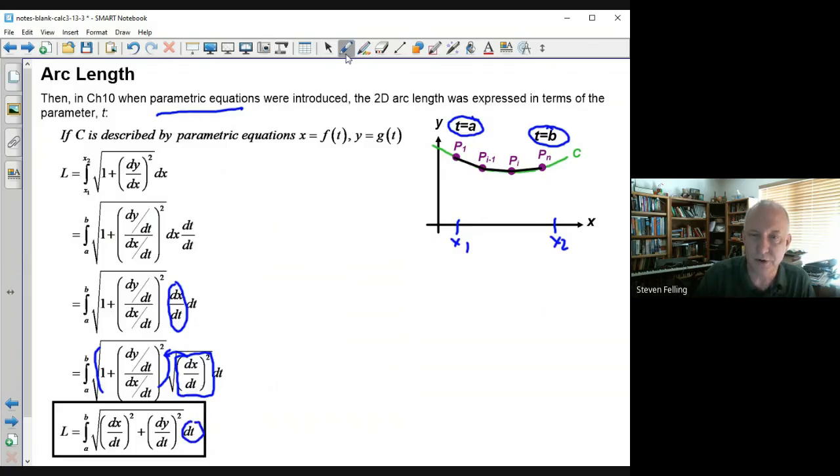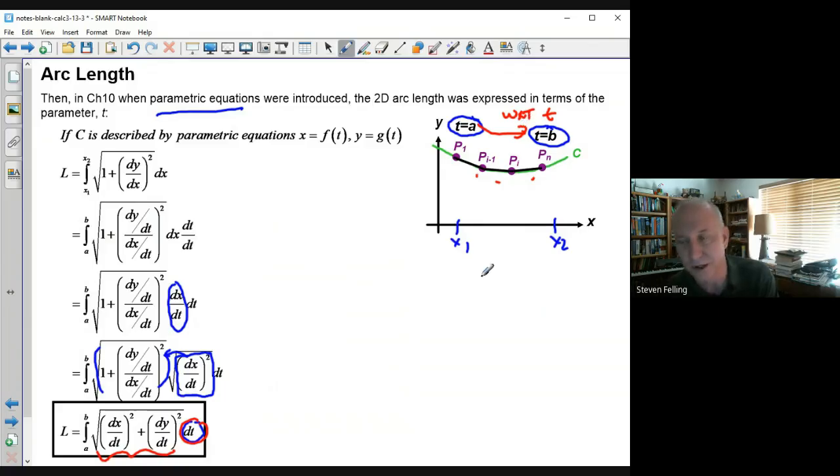So we have a new expression for the little arc length, and we're summing over t, the parameter, instead of summing with respect to the input variable. So that's the second time we saw arc length back in AP Calc BC, using an integral to sum up pieces.